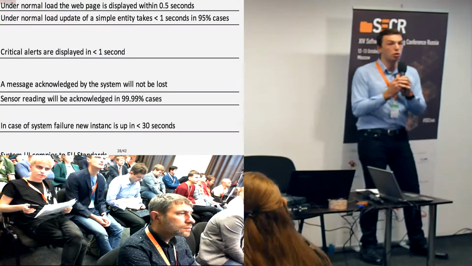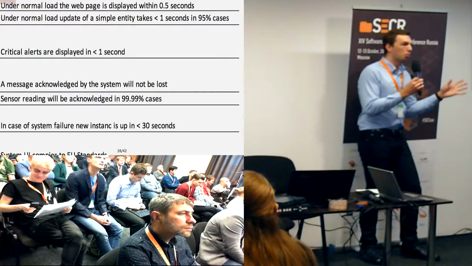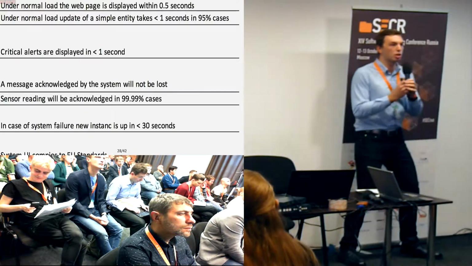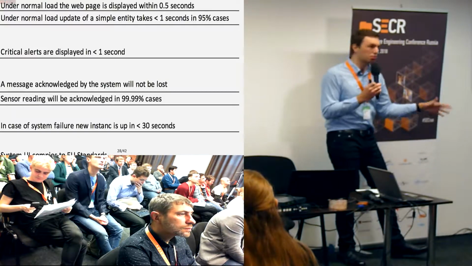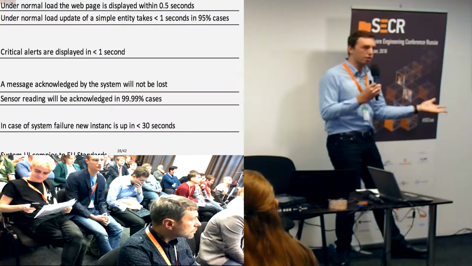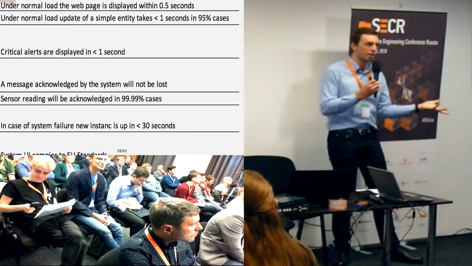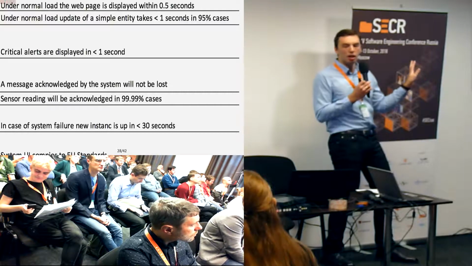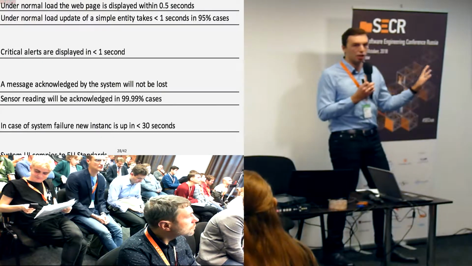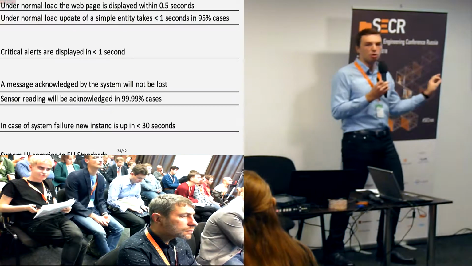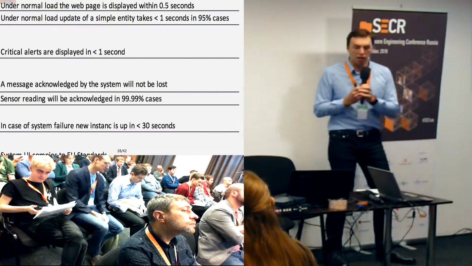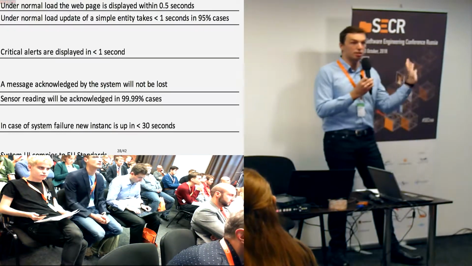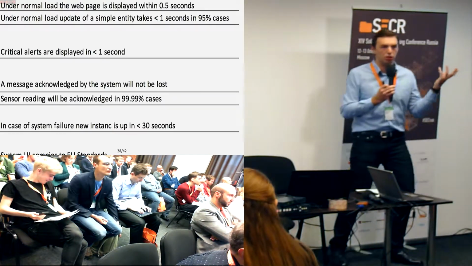Well, what you do, you're going to interview your stakeholders with quality attribute workshops, or just one by one, or whatever. And you're going to gather just a list of requirements. Different ones. For example, on the normal load, the web page is displayed within half a second. By the way, those requirements in that form are called quality attributes, because they provide precise numbers for your non-functional requirements. Another example is, in case of system failure, a new instance of your application is up in under 30 seconds.